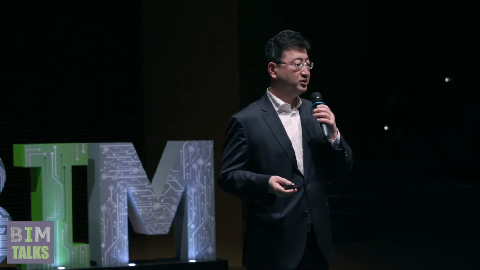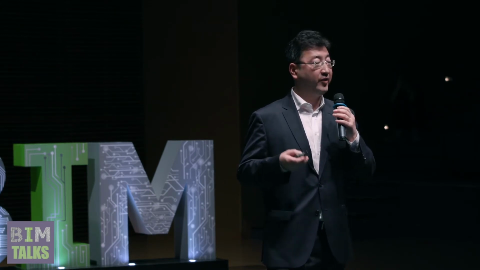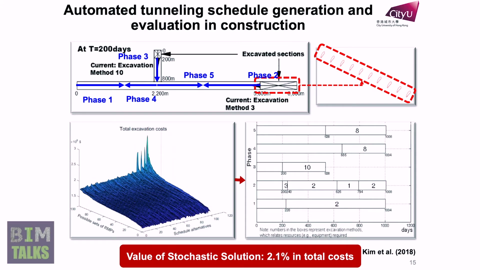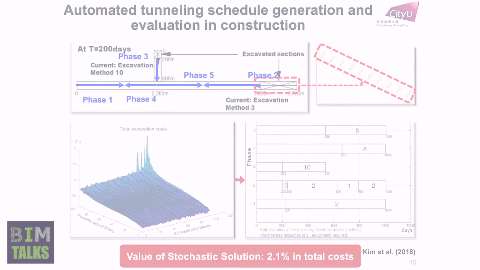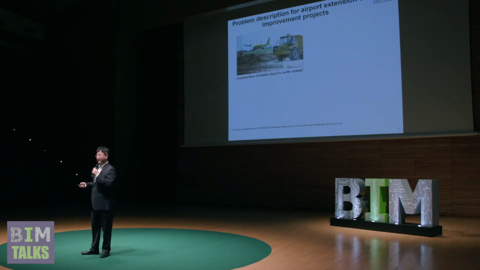Based on that, we evaluated them and finally identified the best schedule among the more than 100 schedules. In this case, this method could generate a schedule with 2.1% less total cost than existing or current practice could generate. So that means this method helps us to find better performance metrics.